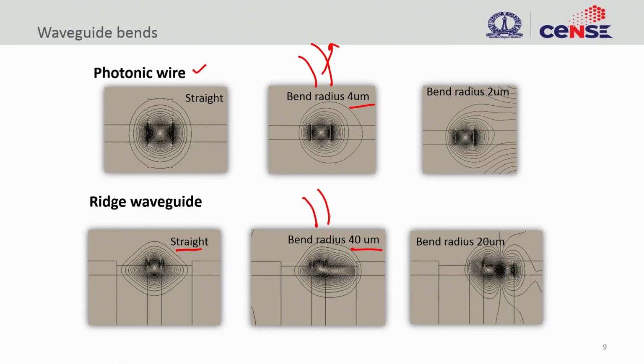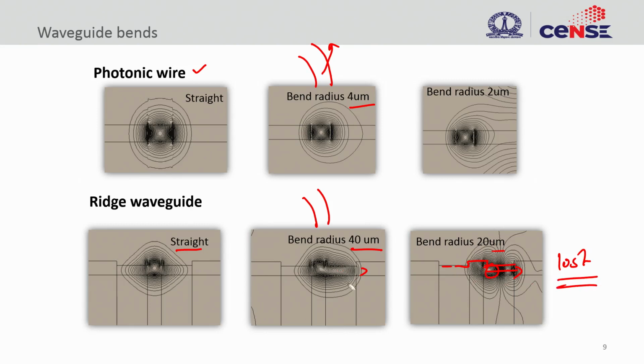The bend is towards the left. You can see the propagating wave moving out, and when you reduce it to 20 micrometers, it has already moved out and is completely lost. The waveguide is here, and the mode is sitting outside. So, this is completely lost.